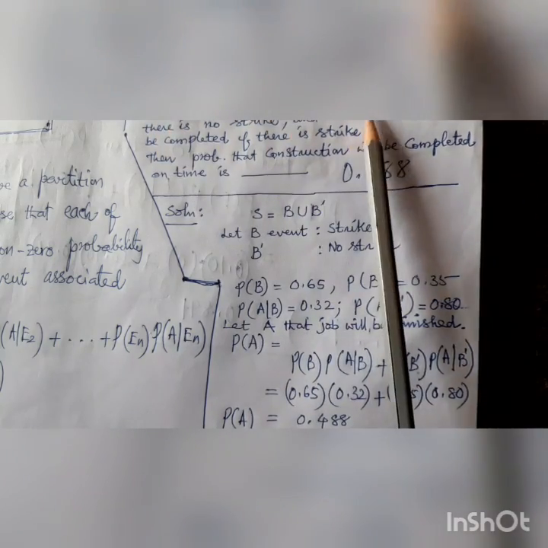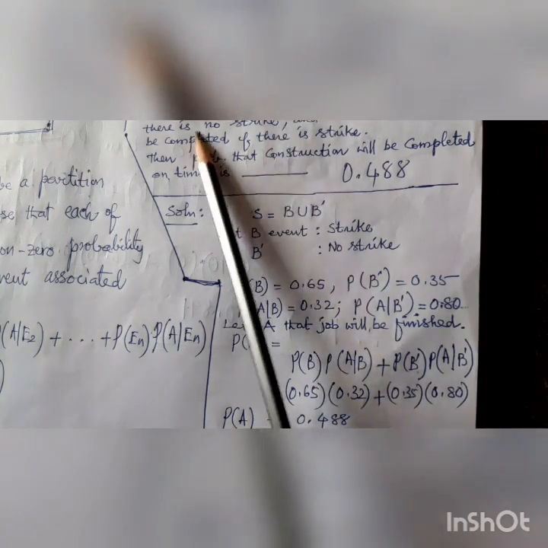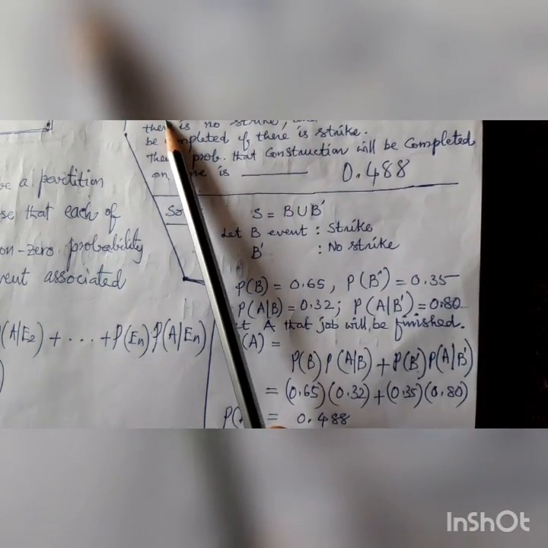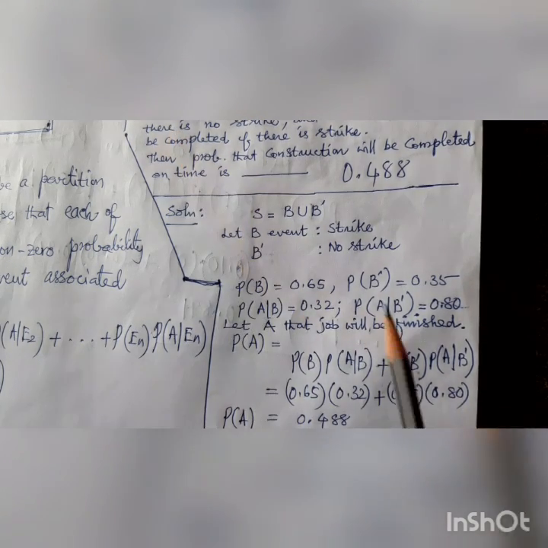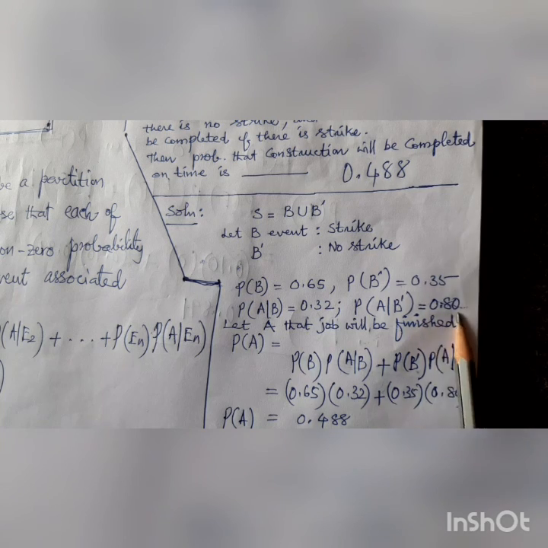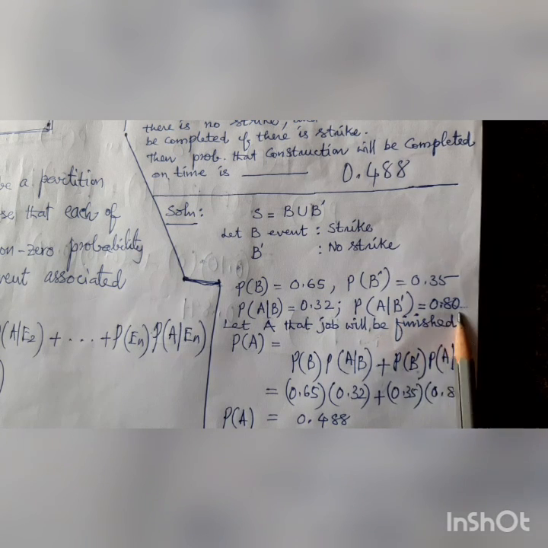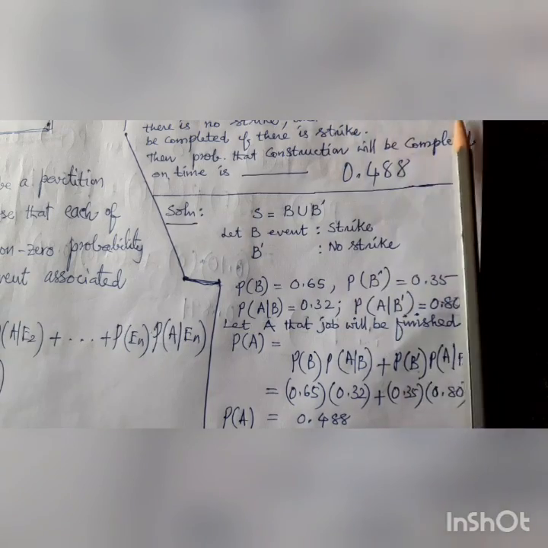It is given: 0.80 that the job will be completed on time if there is no strike. When there is no strike, the job finishing probability is 0.8. No strike means B dash, so 0.8. And 0.32 that the job will be completed if there is a strike.